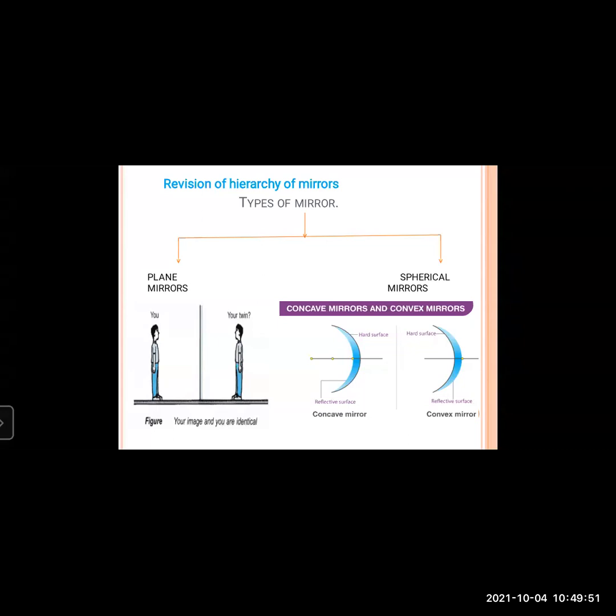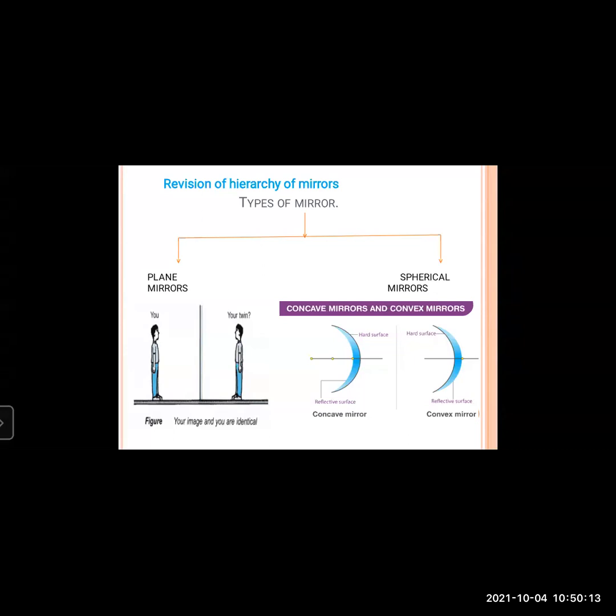Okay, so first part is the plane mirror which we observe in our day-to-day life. Second is the spherical mirror, which has two types. First one is the concave mirror and convex mirror. So try to locate the blue shaded region which tells you which one is the reflective surface.